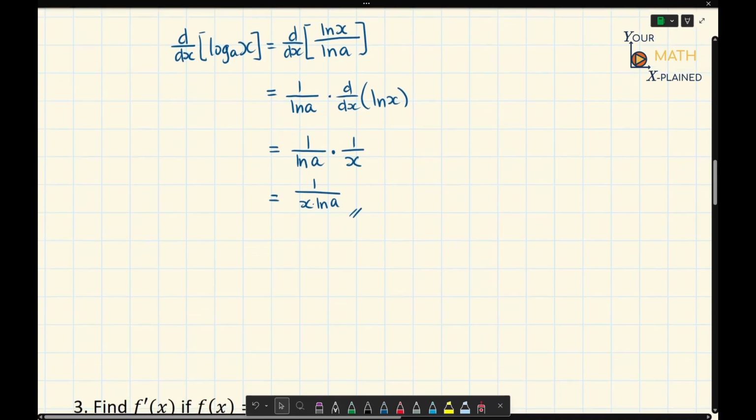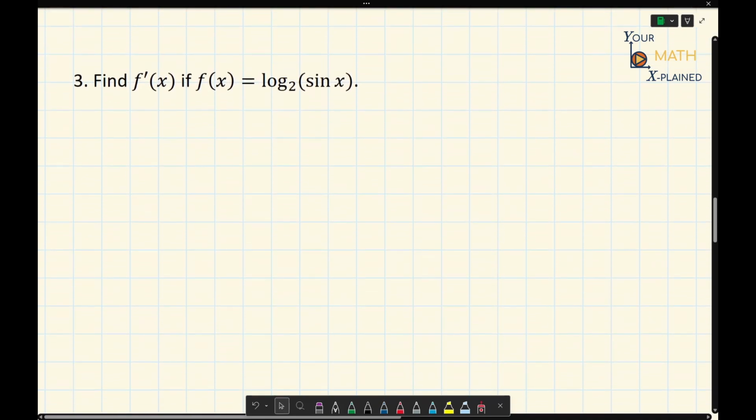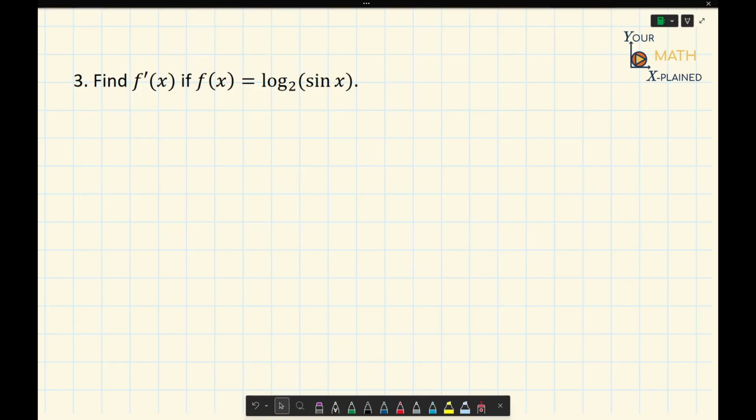And now let's take a look at how we can put this new rule into practice with a warm-up derivative before we move on to a new strategy that we're going to be showing in this video. Here, we want to find the derivative of f if f is equal to log base 2 of sine x. So putting what we just learned into practice, that means f prime of x is going to be equal to 1 over sine x times ln of 2, and then we need to multiply this by the derivative of sine x.